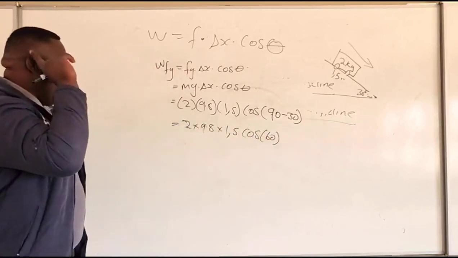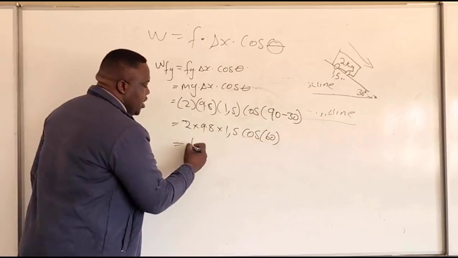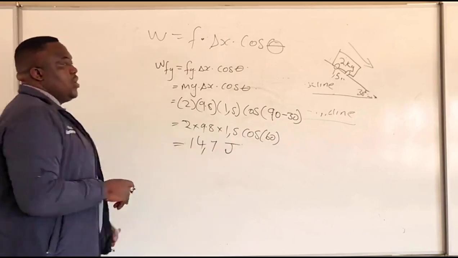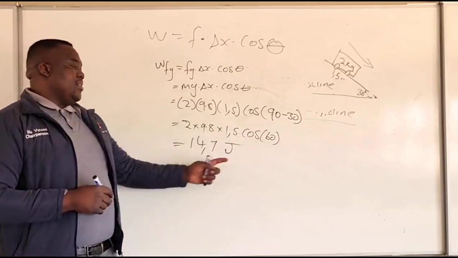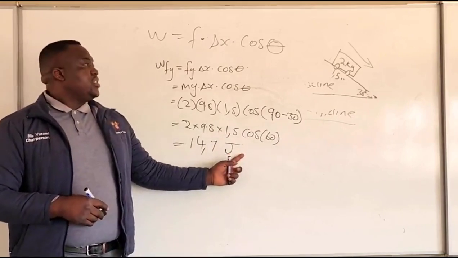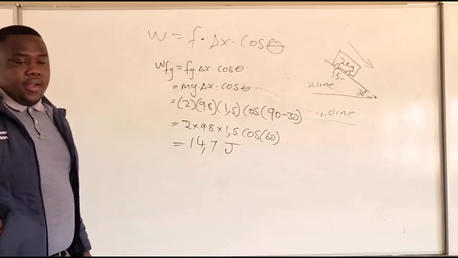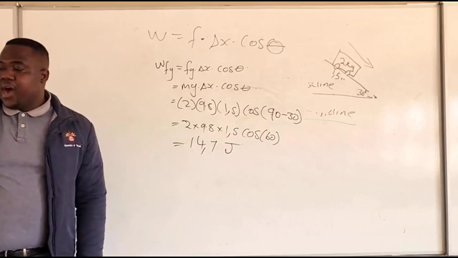When we multiply everything, we're going to get 14.7 joules. Since we are dealing with work, 14.7 joules, there's no direction. It's a scalar quantity. I hope you now understood.